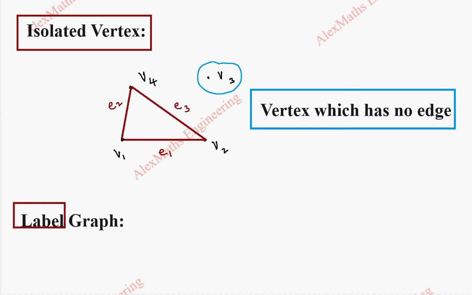Next we are going to see about the label graph. Label graph is the one in which each vertex and edge is assigned a unique name.